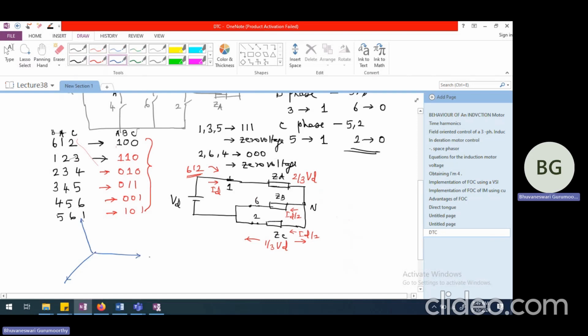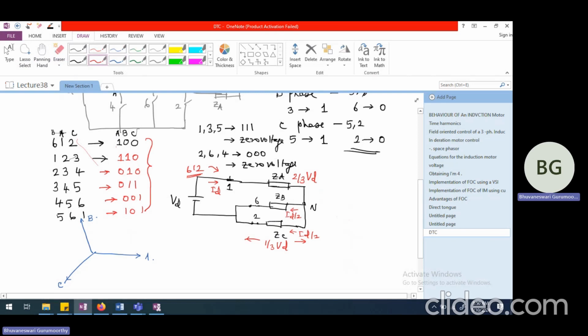So I should say this is A normally, and this is going to be B, and this is going to be C. Please remember how we talked about in a generator, the windings: A will be here, B phase winding axis will be here, C phase winding axis will be here, and the magnet will be rotating in this direction. It will first face A, then it will face B, then it will face C. So that is why we are drawing this as A, B, C.